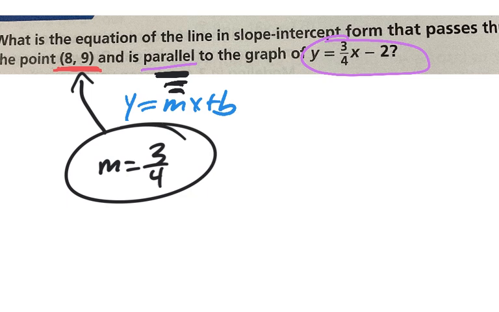So I'm going to put that in point-slope form, because that's what I was given, a point and the slope. But it wants the final answer in slope-intercept form. So once I put it in point-slope form, I will have to convert it to slope-intercept form. Everybody buying that? Everybody's on board. So what is point-slope form? y minus y1 equals m times x minus x1.